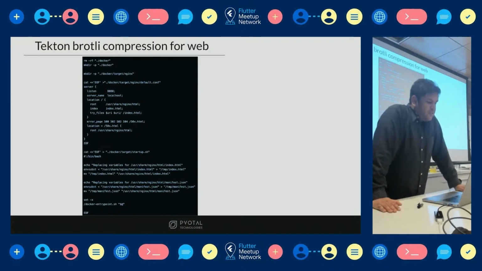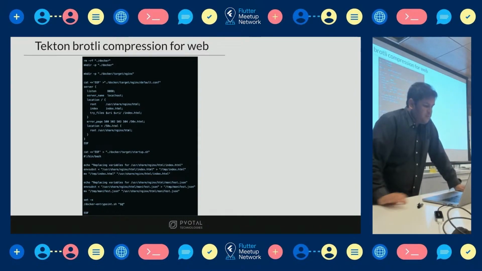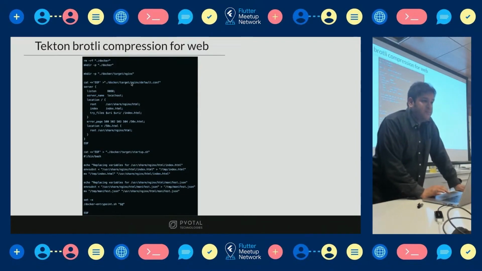So here we're presenting the CI config for packaging your Flutter application in JavaScript using Brotli. Basically, it's an Nginx image that is packaged to be deployed with Kubernetes. It's listening on 8080. It uses an Nginx root reference and a normal index.html.